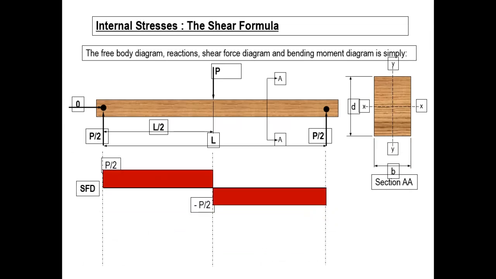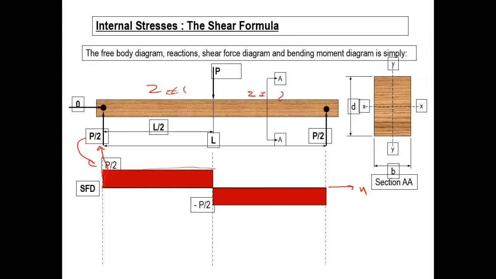first I need to plot the shear force diagram. It's not difficult to do the shear force diagram here. That is my x-axis, and this is the shear force diagram. It starts with P/2, the reaction here, P/2, and then it doesn't change until the middle. There are two zones, zone number 1, zone number 2, right?